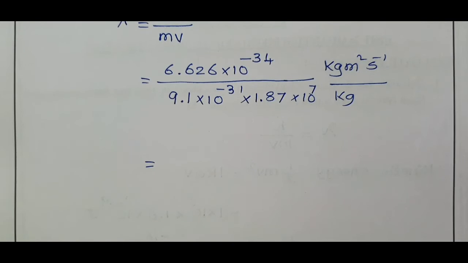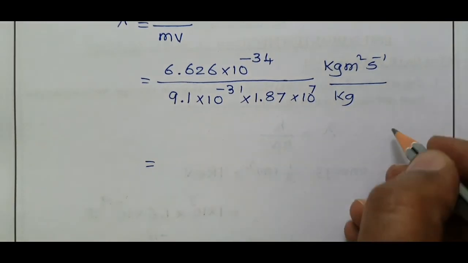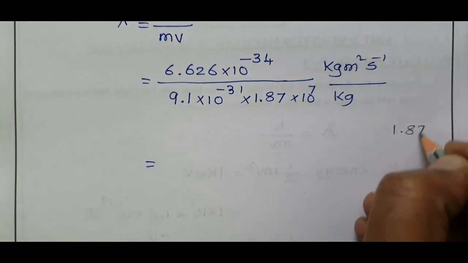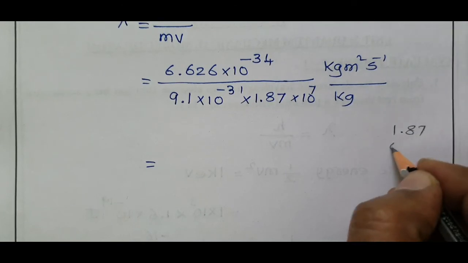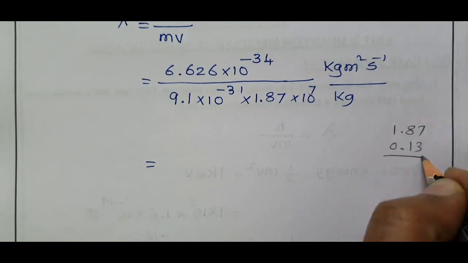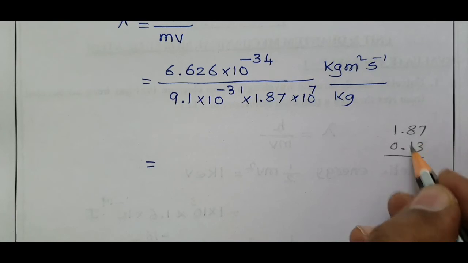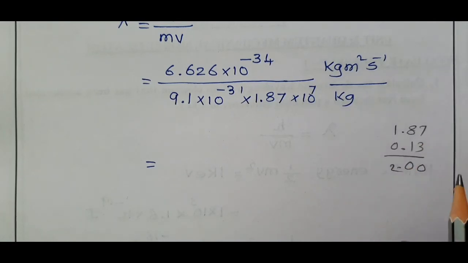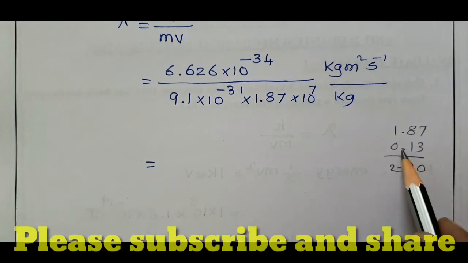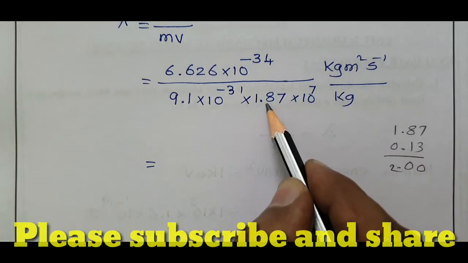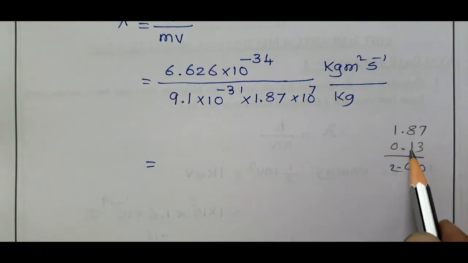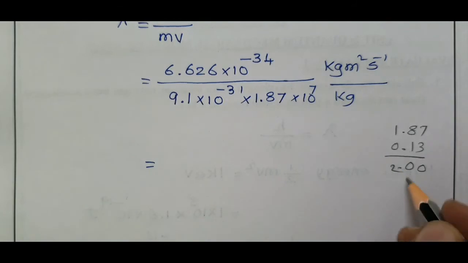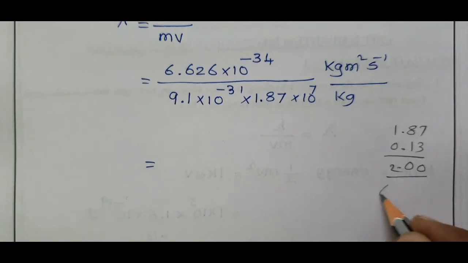For easy cancellation, I convert the denominator value into a whole number. 1.87 is converted into its nearby whole number. By adding 0.13, it becomes 2. So if you add 0.13 to the denominator value, you have to add the same value to the numerator value. 6.626 by adding 0.13 gives 6.756.